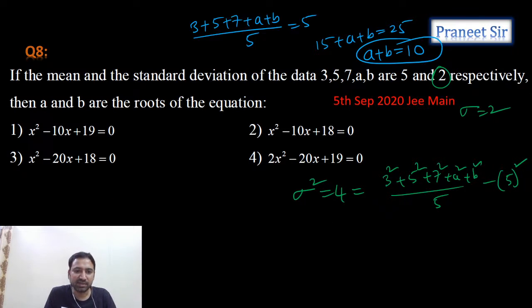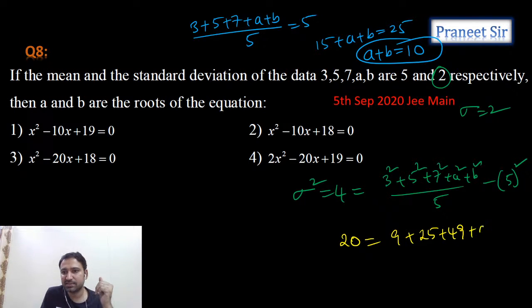Right. So now let's simplify this. When we cross multiply this, 20 is equal to 9 plus... I am just multiplying with 5. 9 plus 25 plus 49 plus a square plus b square minus 125. Correct? So now let's simplify this. a square plus b square is how much, guys?